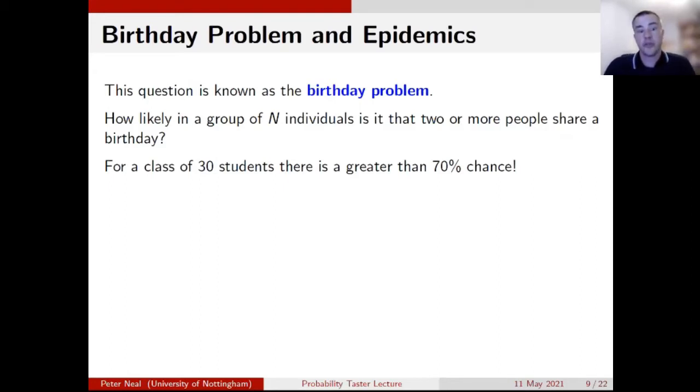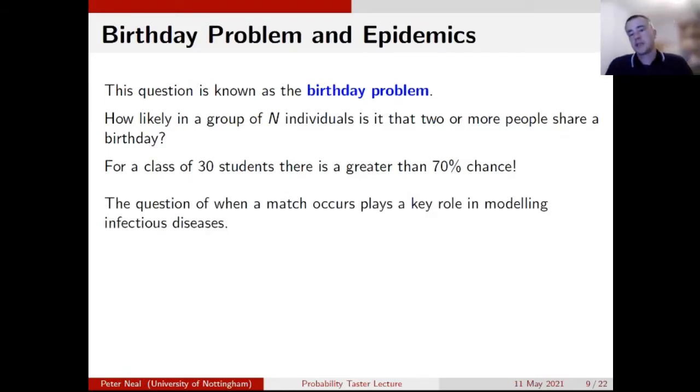So what's the chance that in a class of 30 students, at least 2 of you will share a birthday? There's about a 70% chance of that happening. This is under the assumption that each day of the year is equally likely, and we'll touch on at the end what happens if that's not the case.